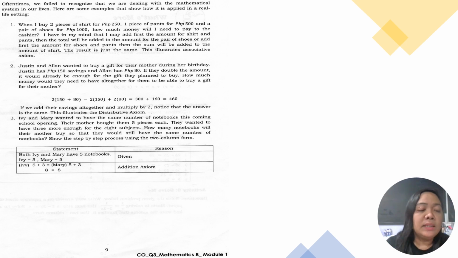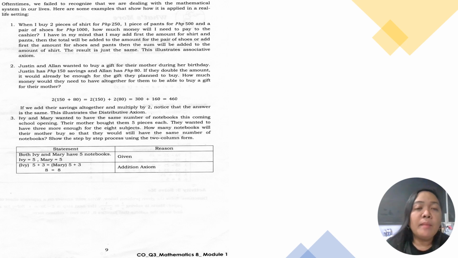And that gives us, if you multiply 2 times 150, added by 2 times 80. If you get the sum altogether, 2 times 150 is 300, right? And then 2 times 80 is 160.